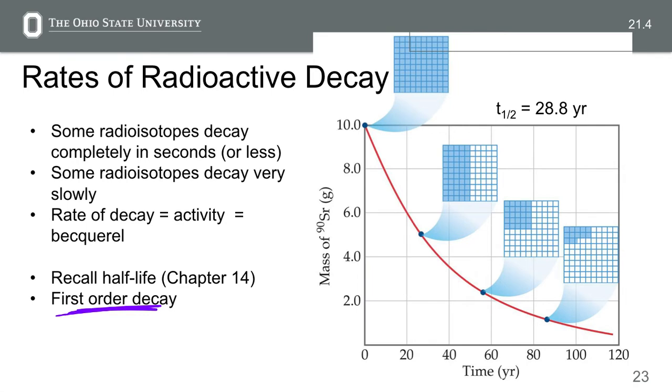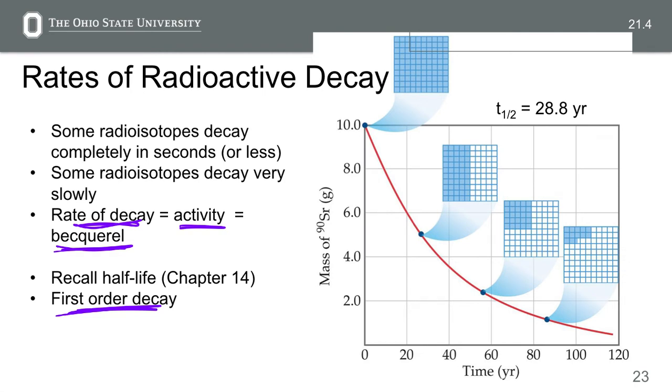So we've talked about some radioactive particles that decay very quickly, just like tennessine. Some of them decay very slowly. We're going to talk about carbon-14 and its half-life. The rate of decay has a special term when it comes to radioactivity. Sometimes you'll see the word activity, but also you'll see becquerels.